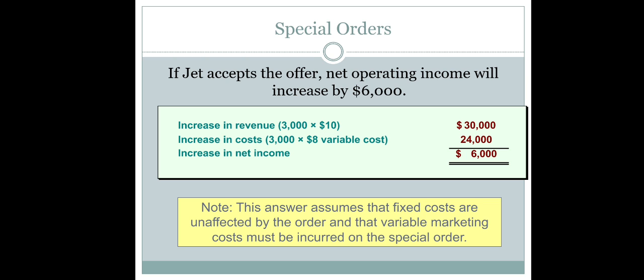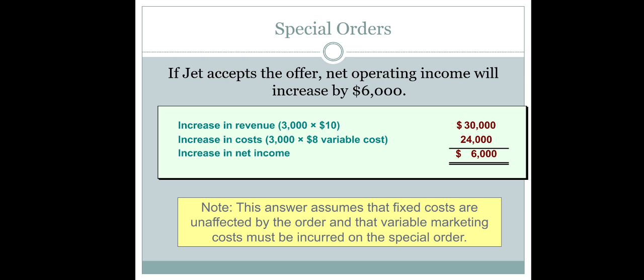So the increment in revenue is 30,000. Now we compare with the increment in cost. How much is the increment in cost if the special order is accepted? The increment in cost is 3,000 units times $8 variable cost per unit. So the increment in cost is 24,000 only.